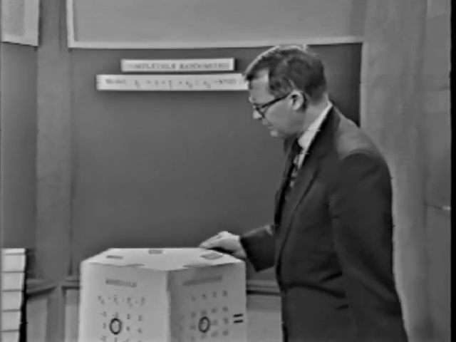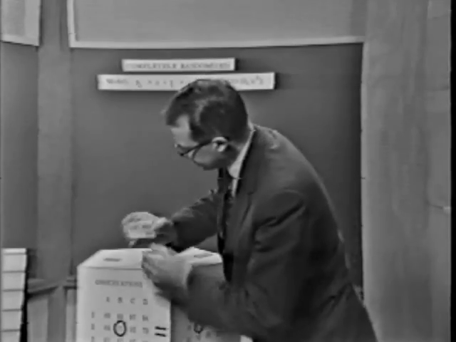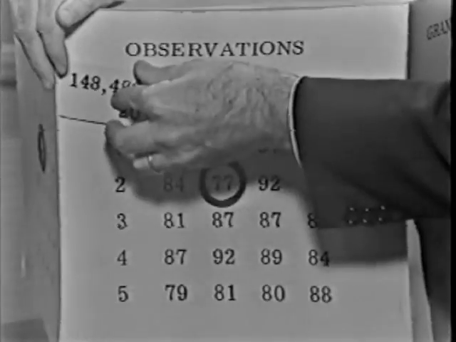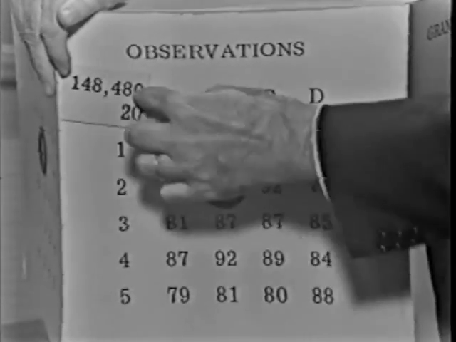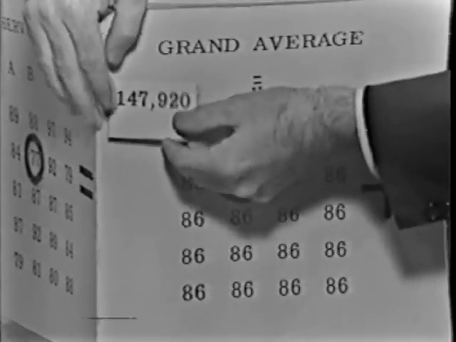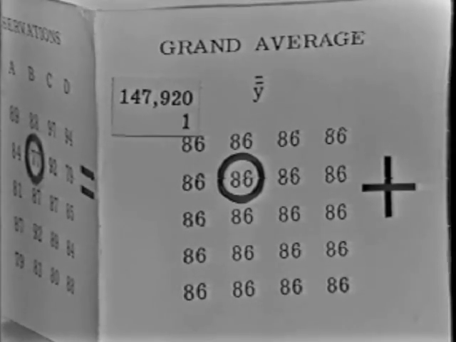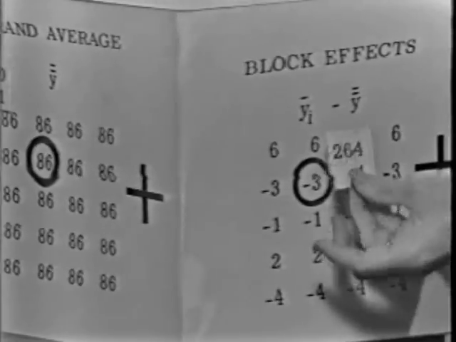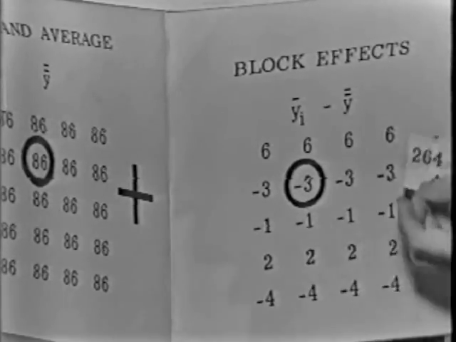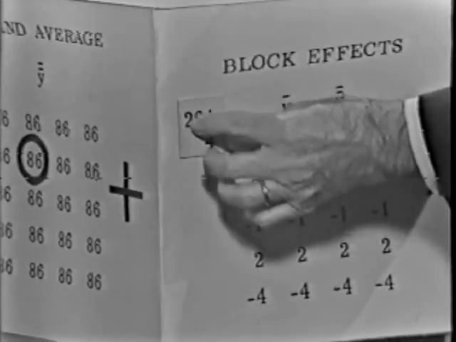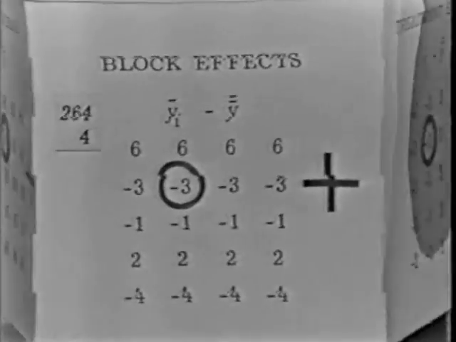All right, let's do the same thing with the sums of squares. If you take the sum of squares here, you get 148,480 with 20 degrees of freedom. And moving on around here, here's the correction factor. Take those 86s, square them up and add them up. You get that particular quantity, 147,920. If you take the block contributions and take their sums of squares, it comes out to 264 with 4 degrees of freedom.